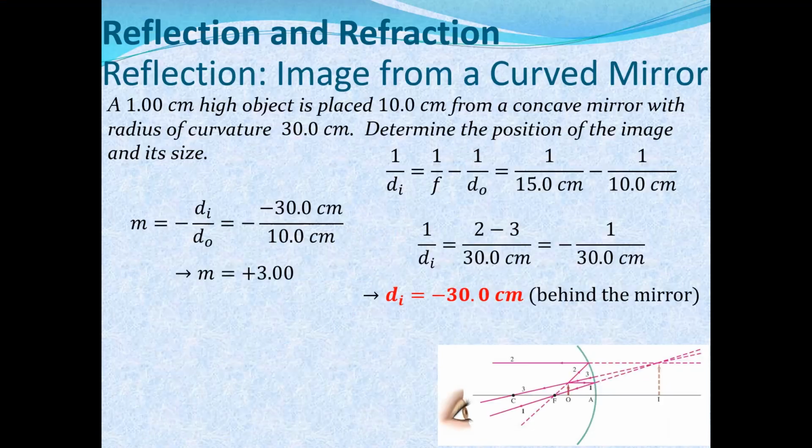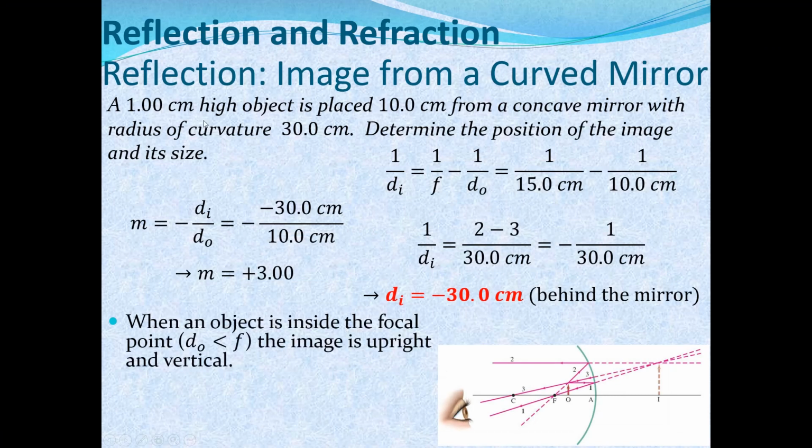Which then means that if it was originally 1 centimeter tall, it's now going to be 3 centimeters tall. So interestingly enough, this image is what we would call a virtual image, now that it's inside of the mirror, or behind the mirror, if you will.